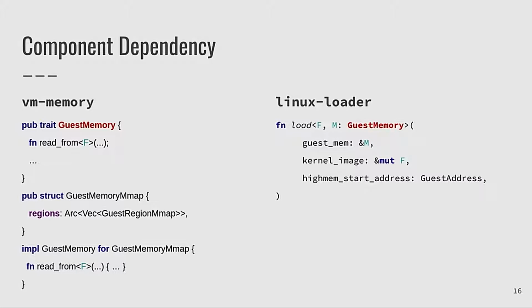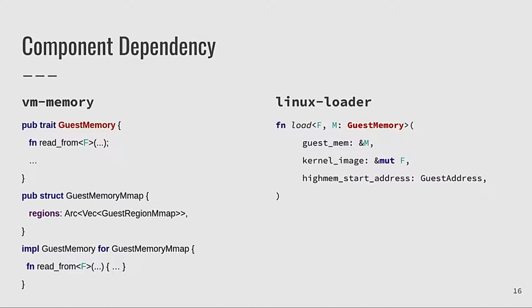And now if you think about it, instead of actually depending on the guest memory implementation, you can just depend on a trait, which offers end users the possibility to use the Linux loader, but at the same time not depend on an actual implementation of the guest memory.